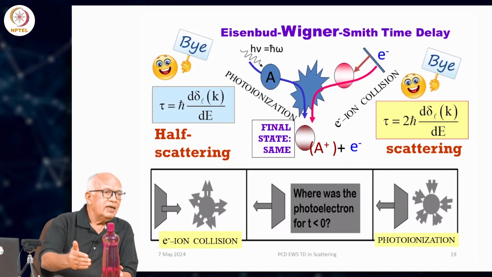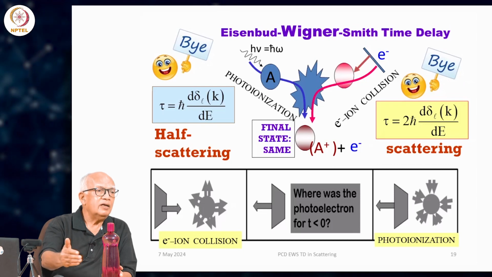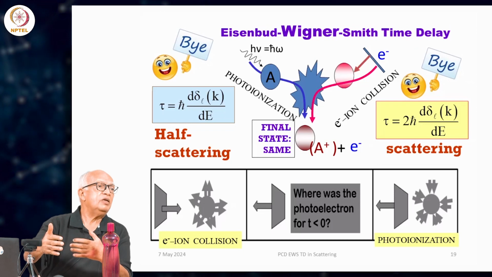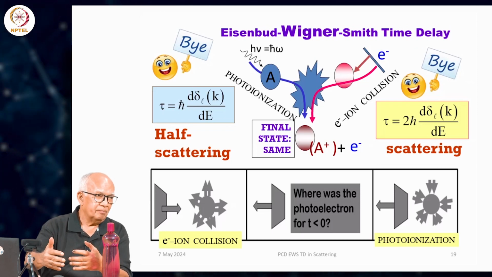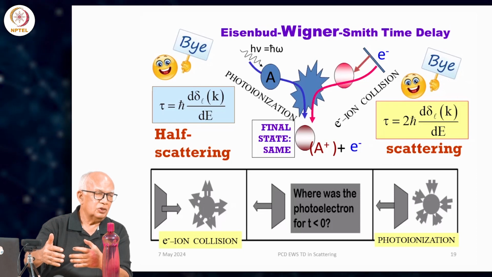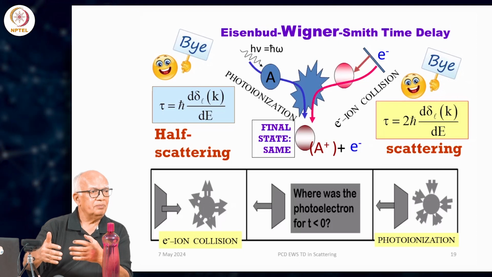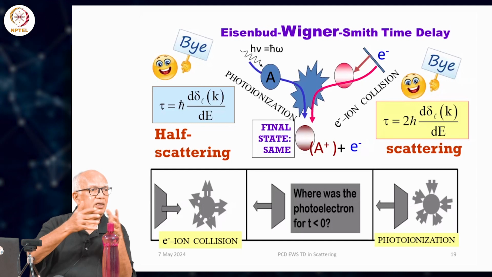Now why is it getting delayed, or why does it arrive sooner than expected? It is because something has happened in between, that is scattering. So the information about that event goes as a signature in the time delay.